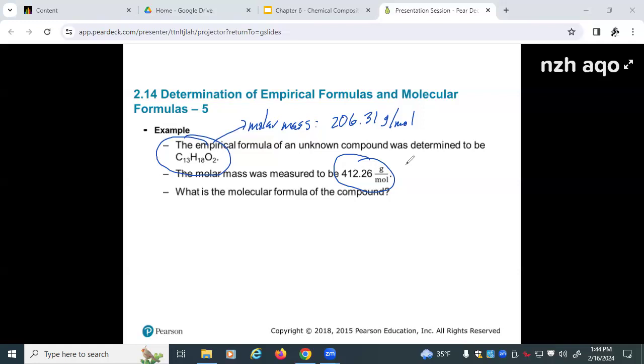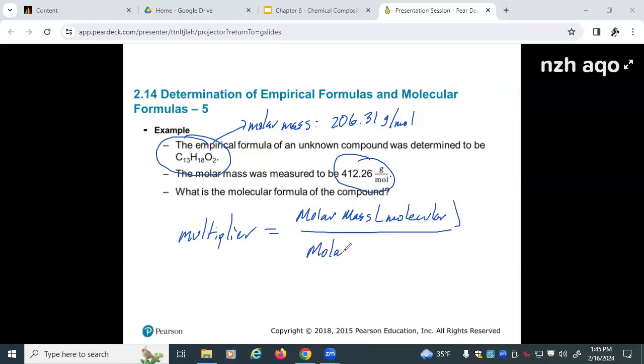Now, if you've got some mental math skills, you can probably look at this and say, oh, it's double. And yeah, you'd be right, it's double. If you weren't so sure of that, the way that we can calculate a multiplier is by taking the molar mass of the molecular formula and dividing it by the molar mass of the empirical formula.